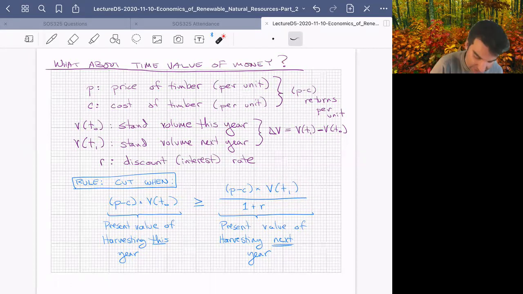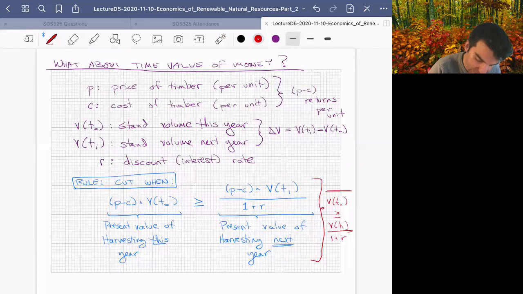So we're discounting by the interest rate there. So this is equivalent to just saying the volume this year is greater than or equal to the discounted value of the volume next year. That is an alternative way to formulate this.